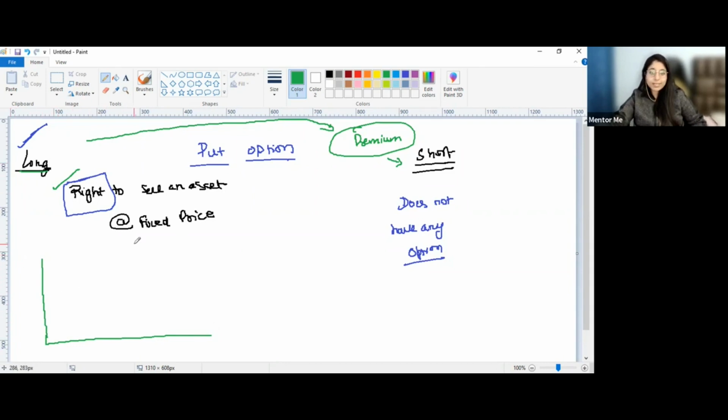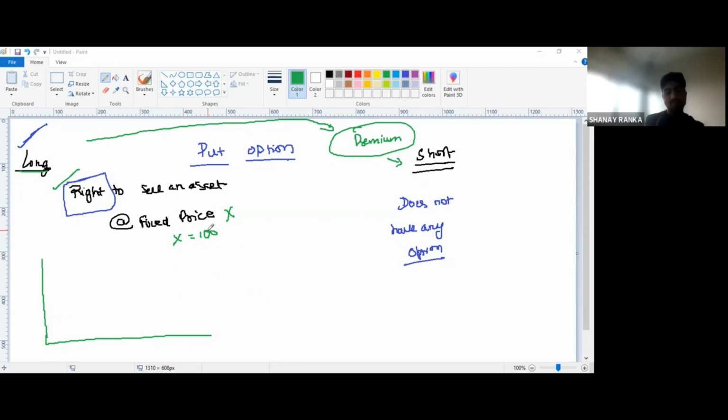from the long party perspective, you have a right to sell an asset at a fixed price, which is the exercise price. Let's say the exercise price is 100. Now you have an option to sell at 100. When would you like to sell at 100? When the market price falls below 100. If the market price is above 100, would you like to sell at 100?